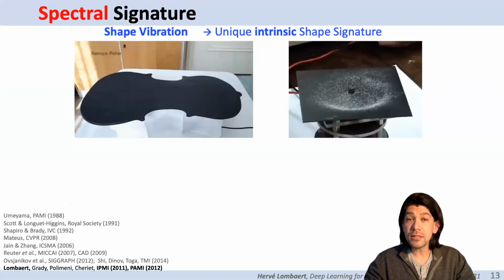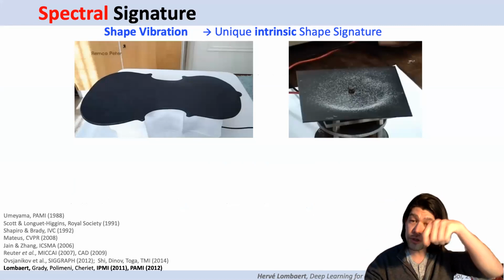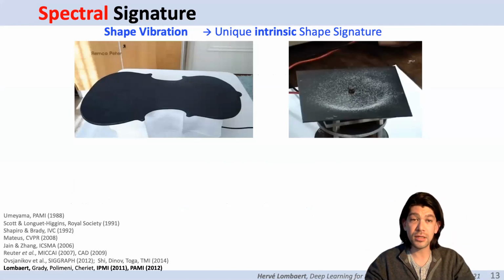You've probably seen this experiment. There should be a video playing here, but again, as in Zoom, videos don't necessarily play well. Imagine a vibrating plate. Pour sand or salt on this vibrating plate, and at particular frequencies the sand will start to form certain patterns.